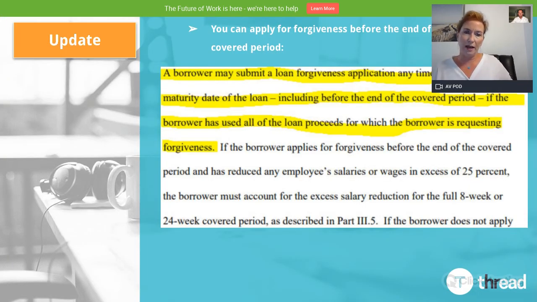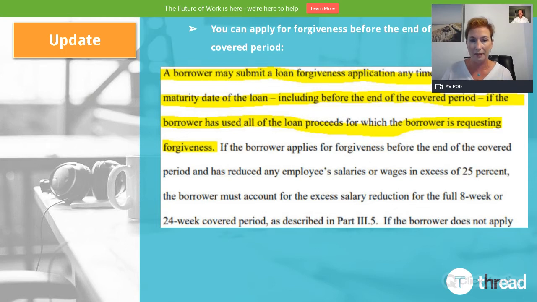We've had this question asked: can you apply for forgiveness before the end of the covered period? So say you have chosen the new 24-week covered period, can you apply before it's over? A borrower, and this is directly from the language, a borrower may submit a loan forgiveness application anytime on or before the maturity date of the loan, including before the end of the covered period, if the borrower has used all of the loan proceeds for which the borrower is requesting forgiveness.